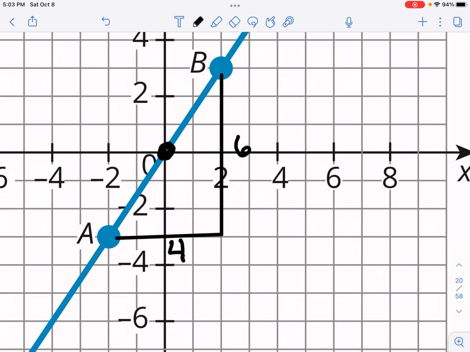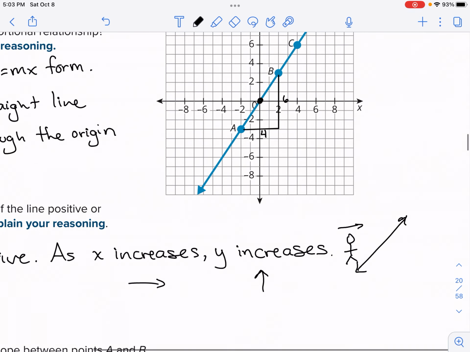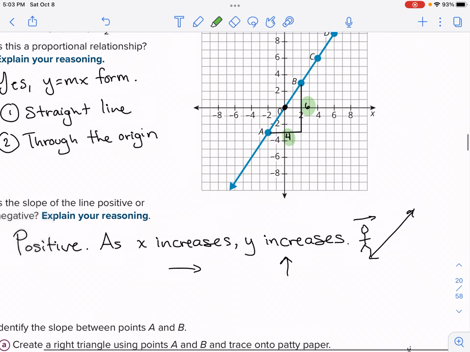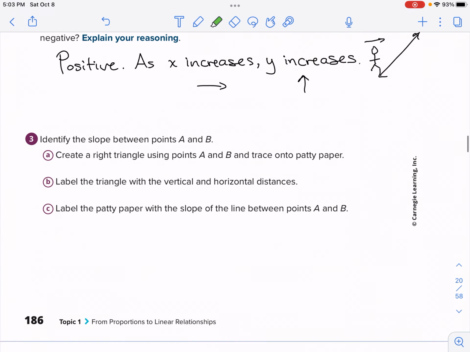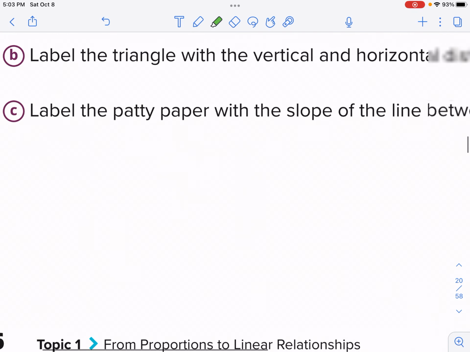C, it says label on padded paper the slope of the line between points A and B. We're just going to write it in the space. So it's rise, which is 6, over run, which is 4. So vertical over horizontal, 6 over 4. Let's write that ratio. So the slope is equal to 6 over 4.